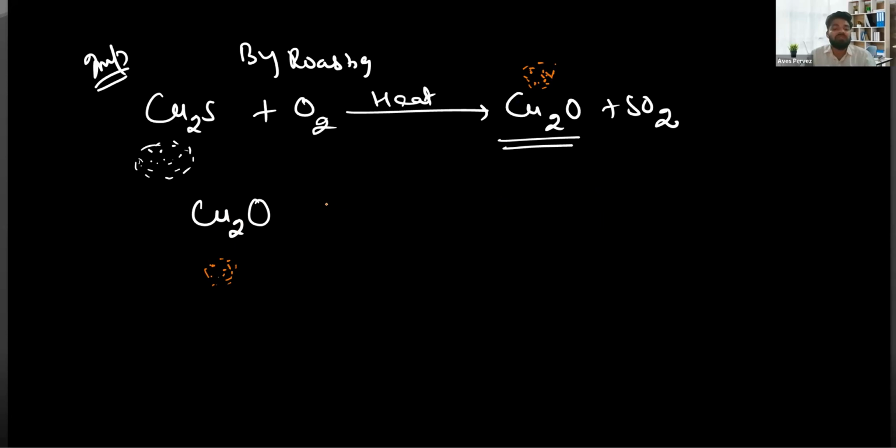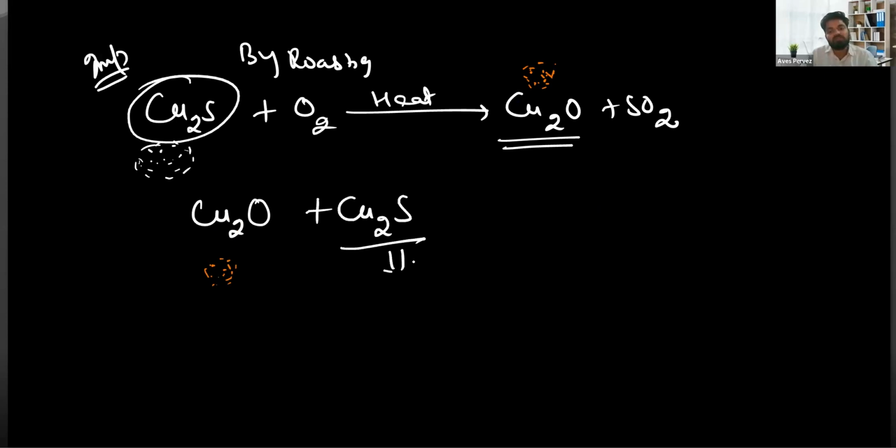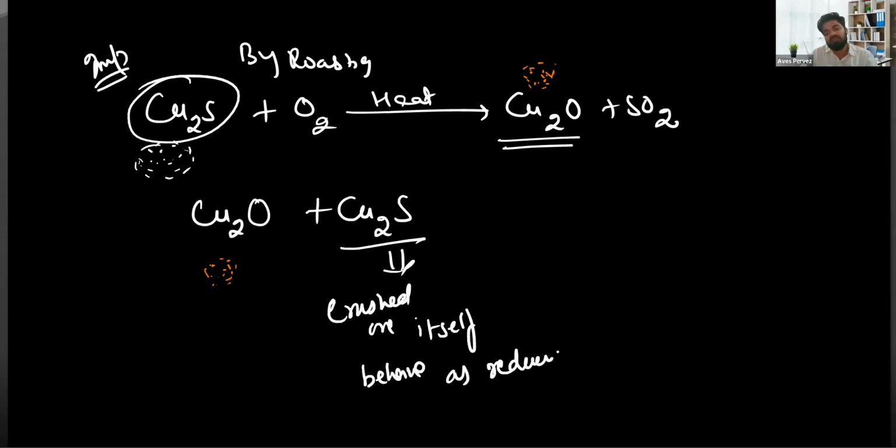It needs a reducing agent, and that reducing agent is the crushed ore Cu2S itself. You understood? The crushed ore itself behaves as a reducing agent.